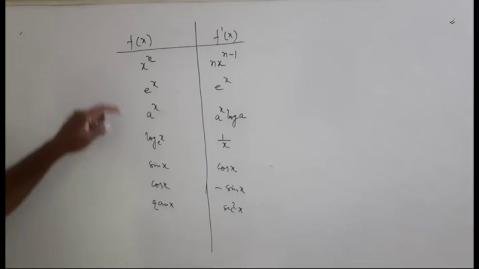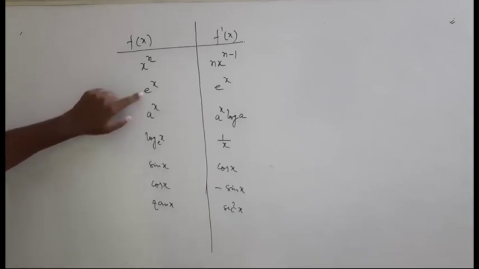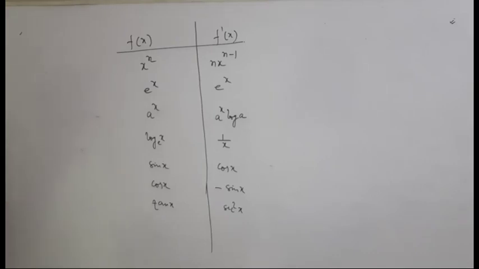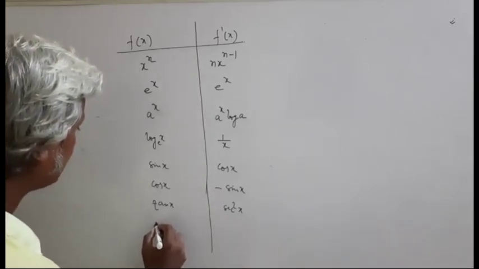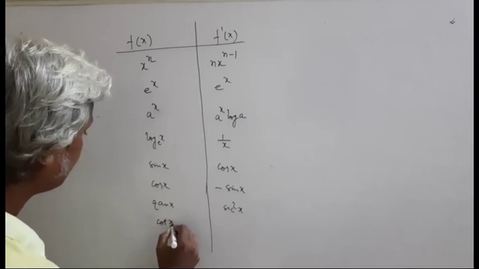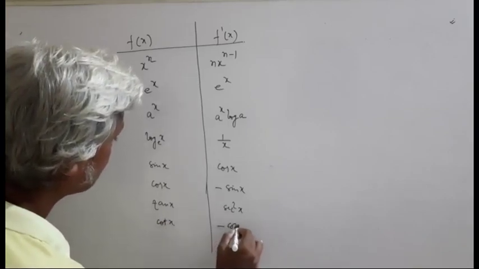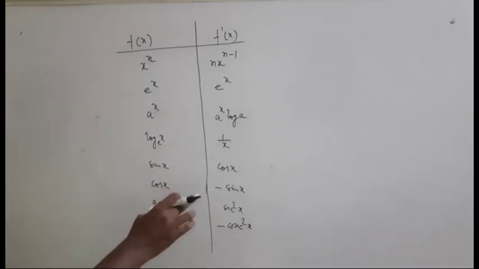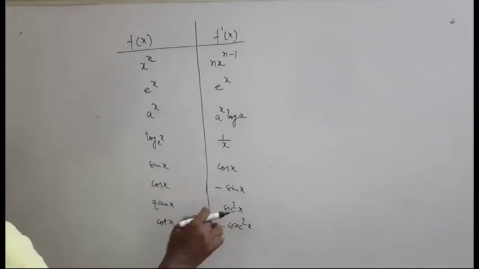This you have seen; this formula and this formula I have derived, sin x also, if I remember correctly. And other formulas like the differentiation of cot x is minus cosec square x. It can be derived the very same way you derived the value for tan x.